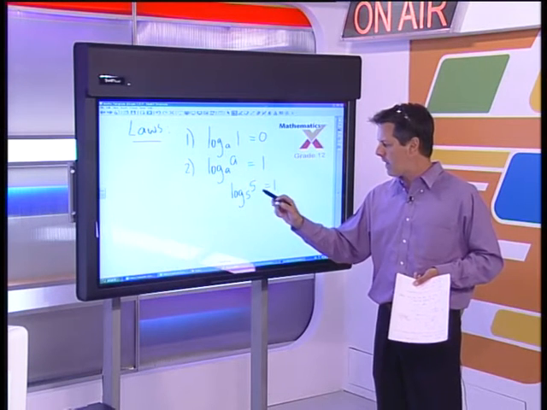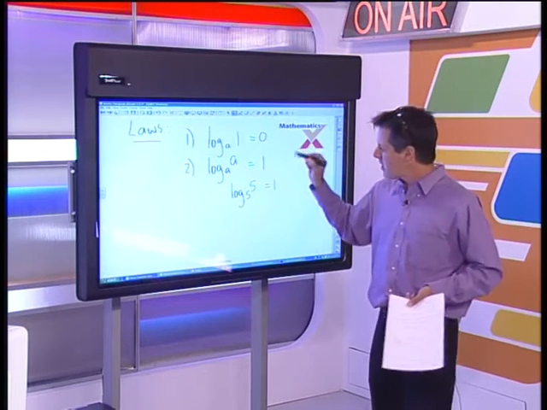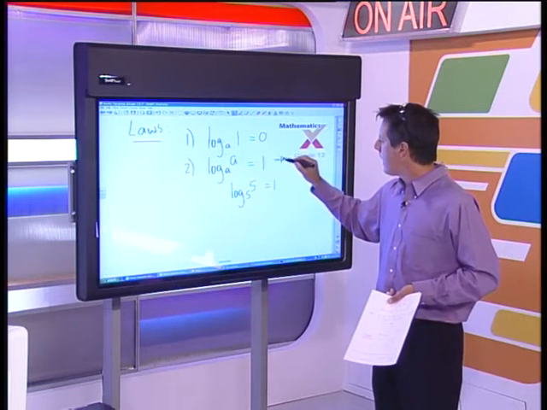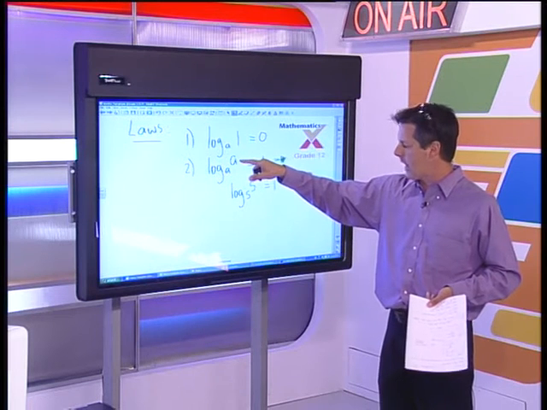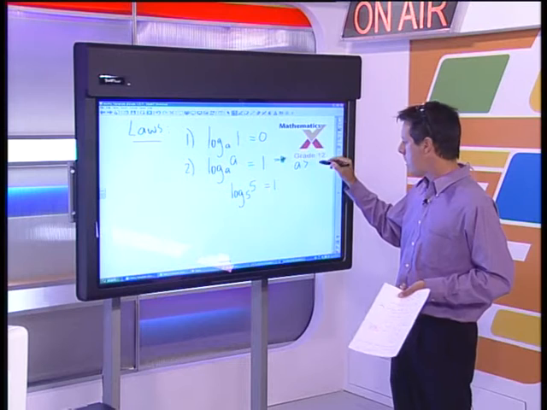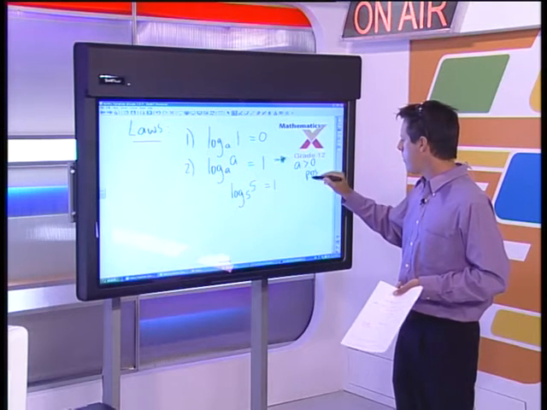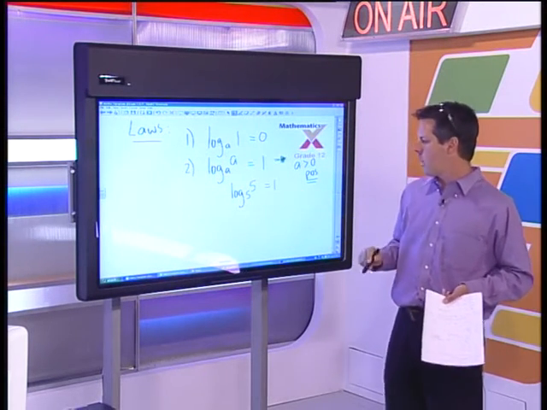Well, if you're getting to the same number, it has to be raised to 1. Makes sense, doesn't it? There's just a little proviso here that sometimes we forget to say. When you're dealing with the number, the number must always be positive. So a must always be positive, greater than 0, it must be positive for my actual number. So I'm talking about the number of a log, always positive.